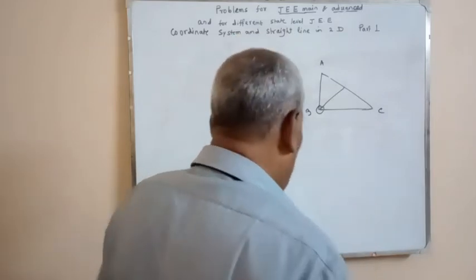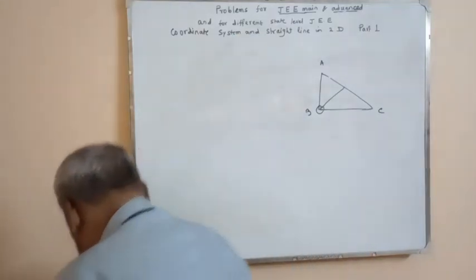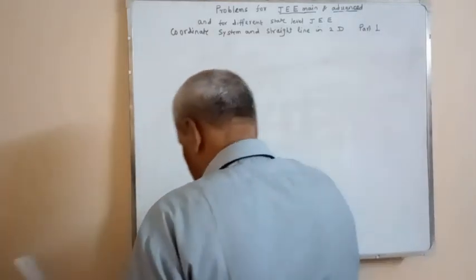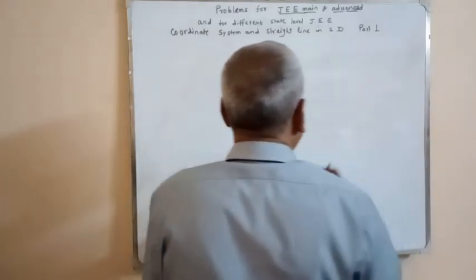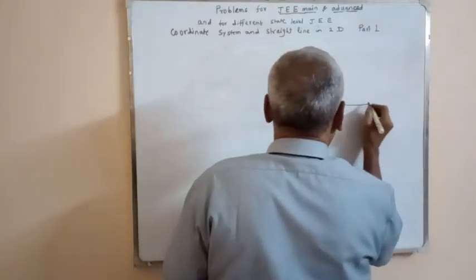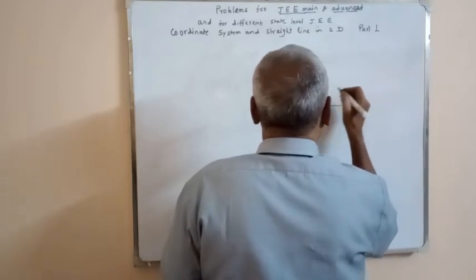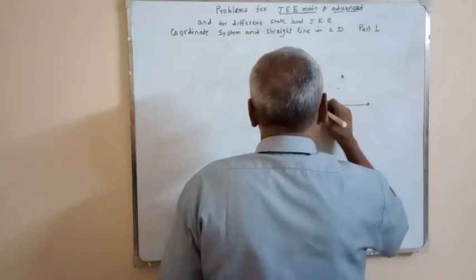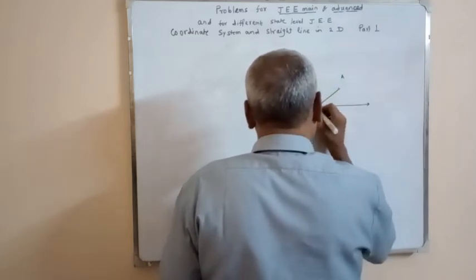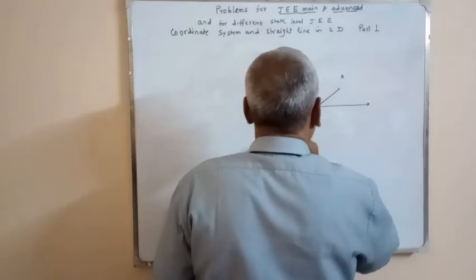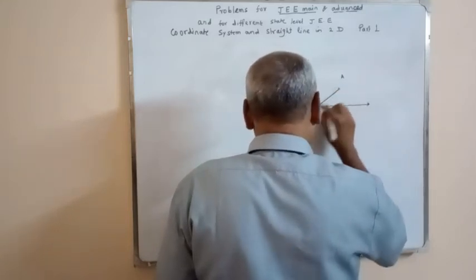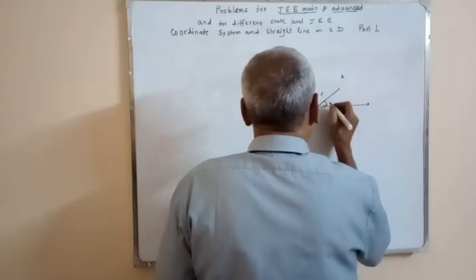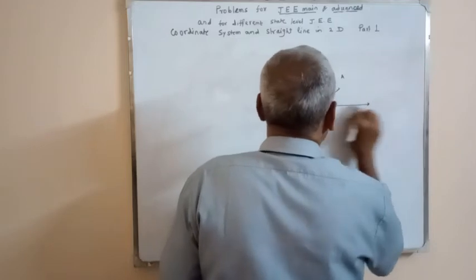Next, polar coordinates. In any coordinate system, suppose this is the initial line and a point A is there. This is the pole, O. The point is at a distance R from the pole, and it makes an angle theta with the initial line.